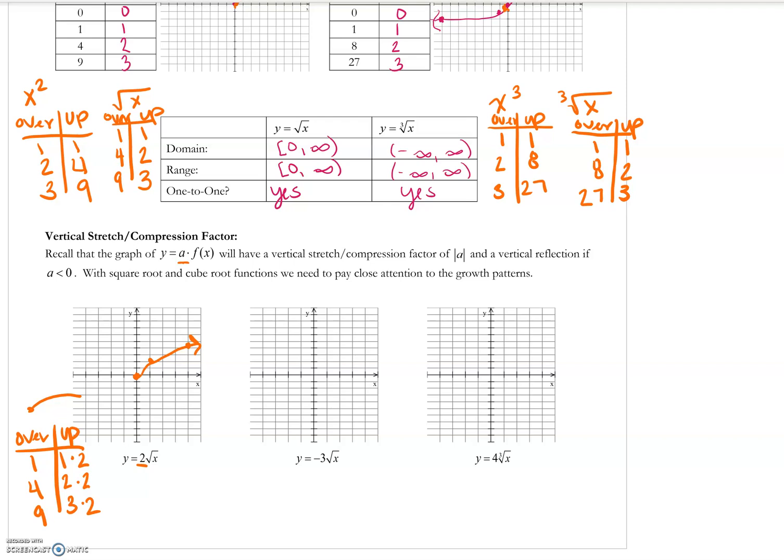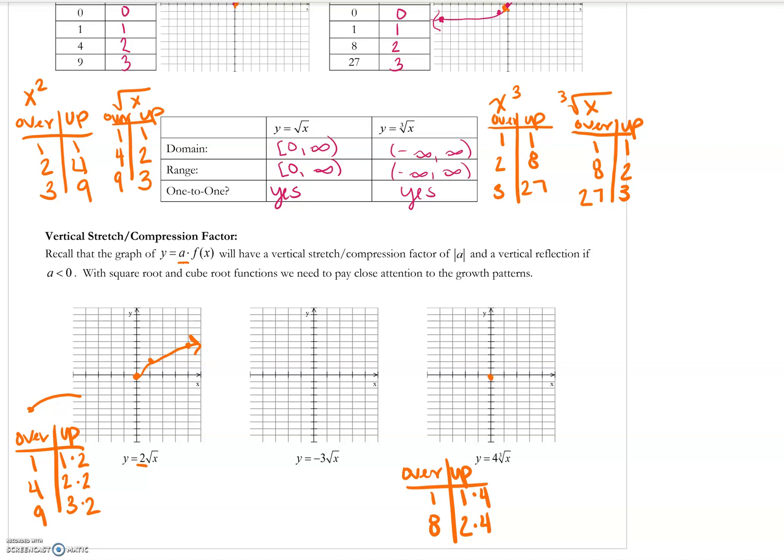For the second one, I'm going to actually skip it for now and have you guys do it, but I'm going to move on to this cube root function with a vertical stretch factor of 4. So we've got our overs and our ups for a cube root function. So if I copy the table from above, I've got 1, 1, and over 8 and up 2, but now I'm multiplying those values by 4.